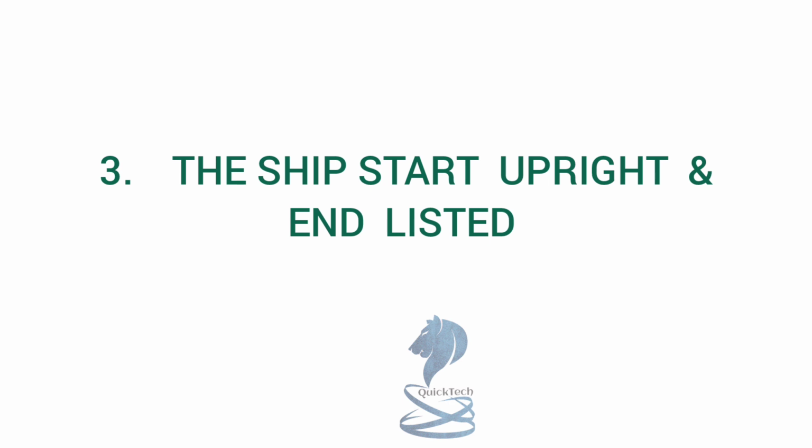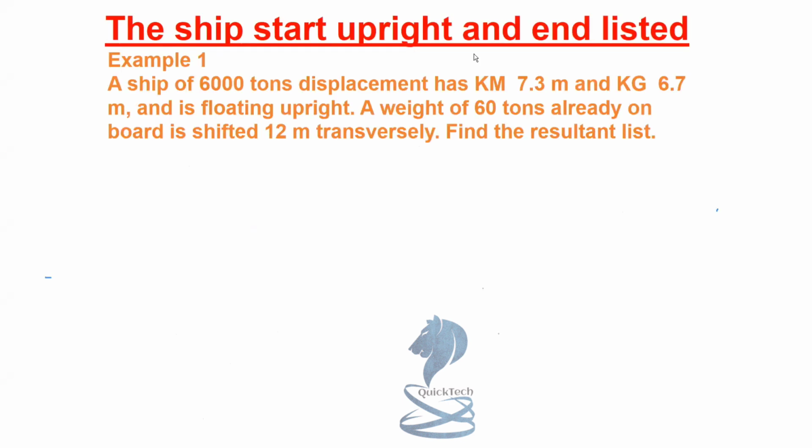Let's now discuss condition number 3. The ship starts upright and ends listed. So let's discuss the example. A ship of 6,000 tons displacement has KM 7.3 meters and KG 6.7 meters and is floating upright.